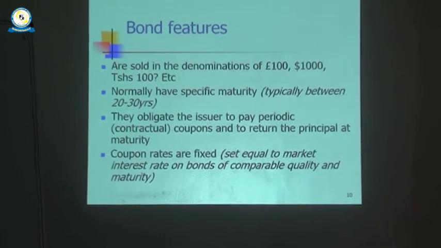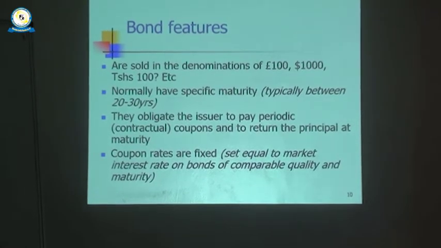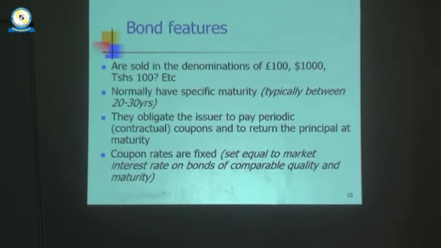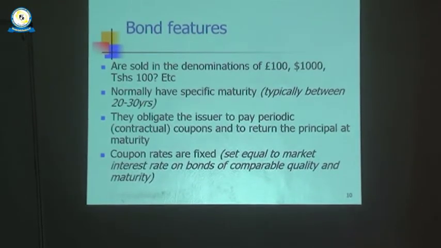So each bond is supposed to pay interest, or coupon, and the principal value, or we call it maturity value. And the coupon rates are fixed. They are set equal to market interest rates on bonds of comparable quality and maturity.